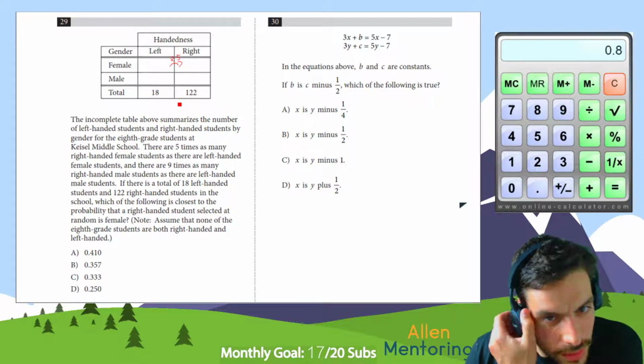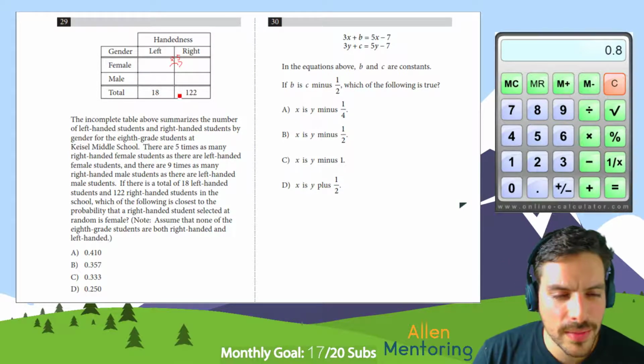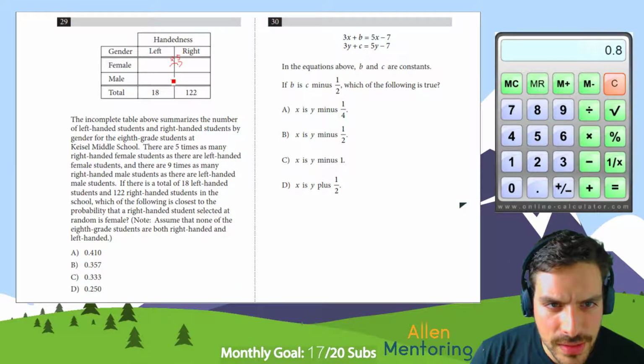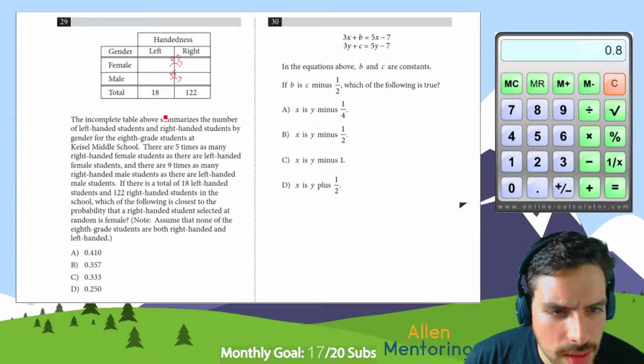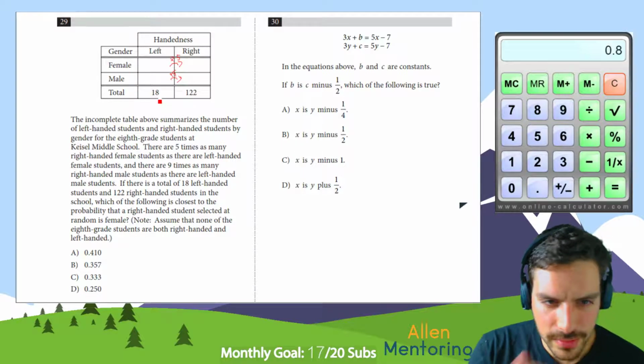And there are 9 times as many right-handed male students as there are left-handed male students. Okay, so here is times 9. If there are a total of 18 left-handed students, which one is the closest probability that a right-handed student selected at random is female?